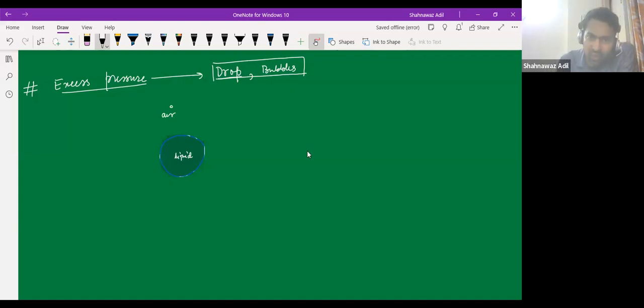And then we have water bubbles. So what are the water bubbles? We have this thing, and we have another layer. This layer is the inside layer, and this one is the outside.